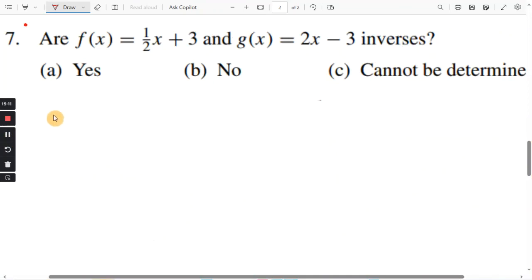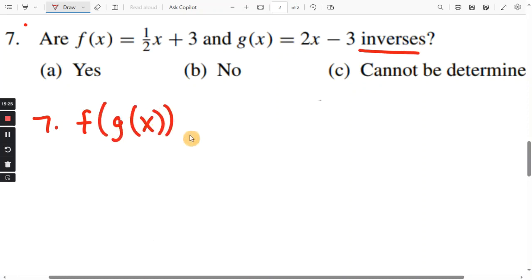All right, number 7. Are f of x and g of x inverses? In order for them to be inverses, you have to evaluate f of g of x, and you also have to evaluate g of f of x.